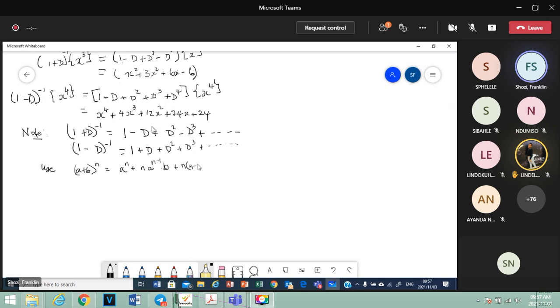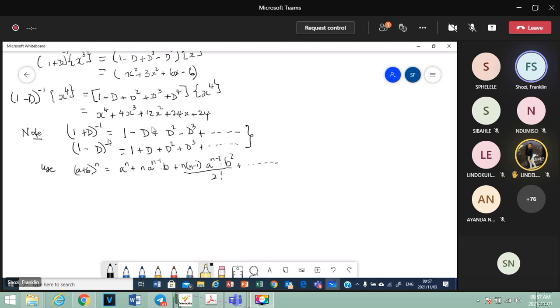It's n minus 1, a to the power n minus 2, b squared all over 2 factorial plus dot dot dot. But the easiest one is that. So in other words, this and that one are the ones that we'll always gear for. If the teacher can actually give us 1 or 2, then it will be easy for us. Let us have a look at the next example.